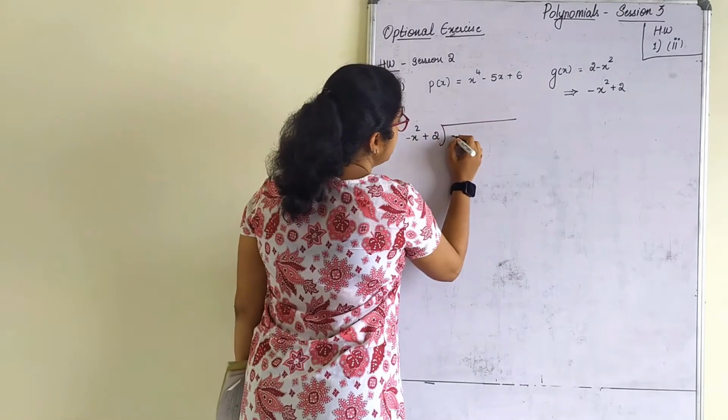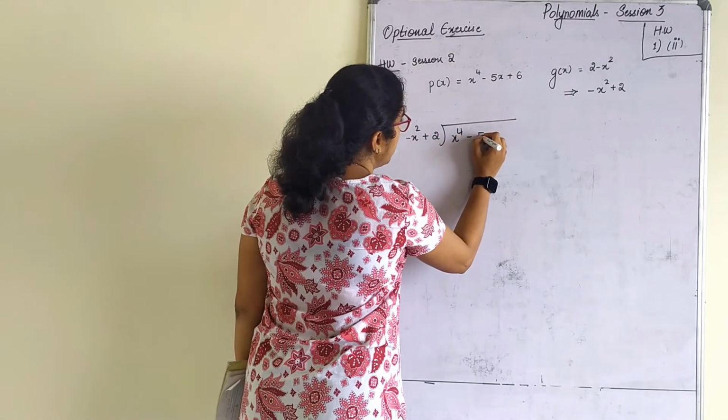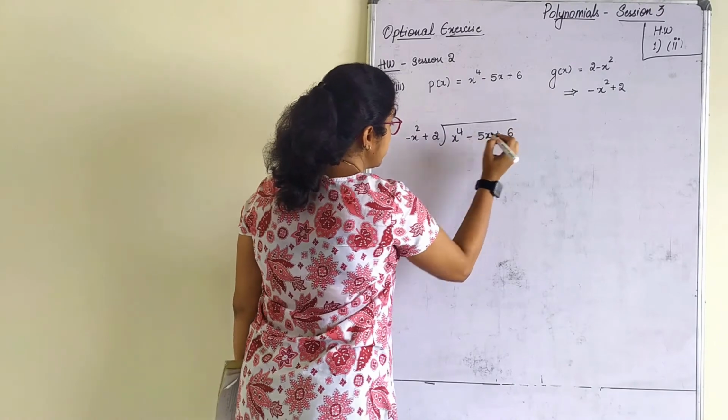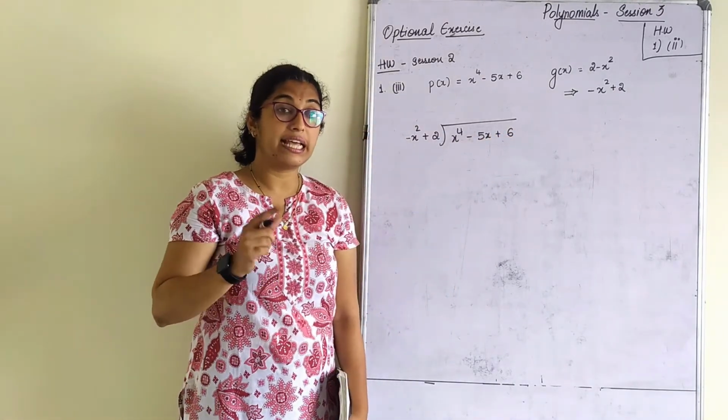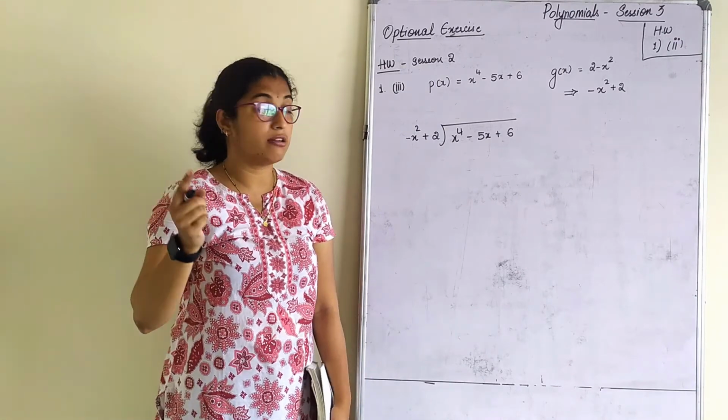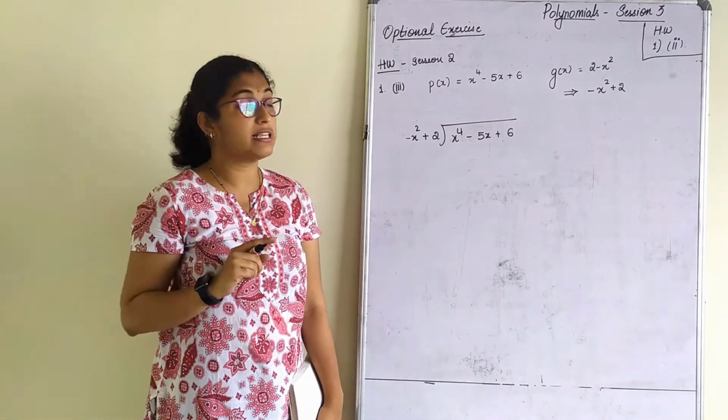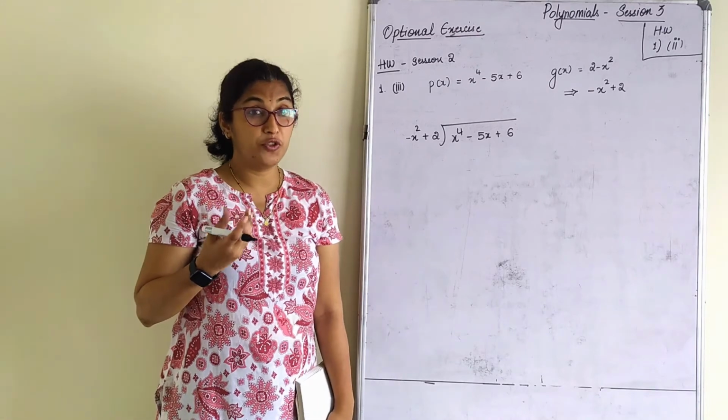So when you divide this with x raised to 4 minus 5x plus 6. Now in this polynomial, x raised to 4 is there, x cube and x square are not there, directly x is there and 6 is there. Some of you will get confused while doing it.